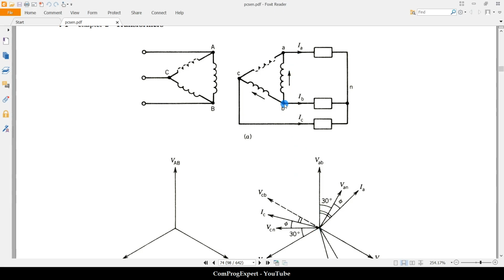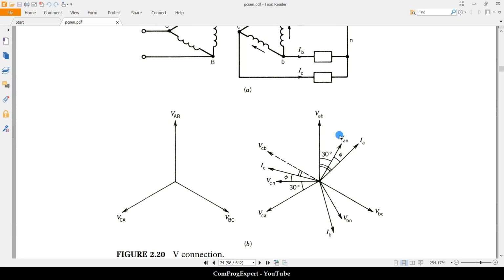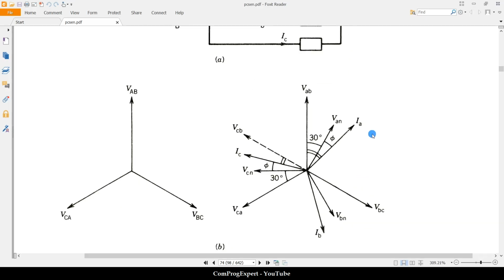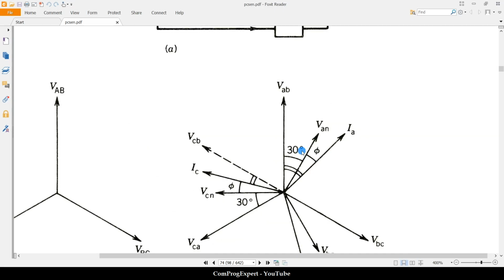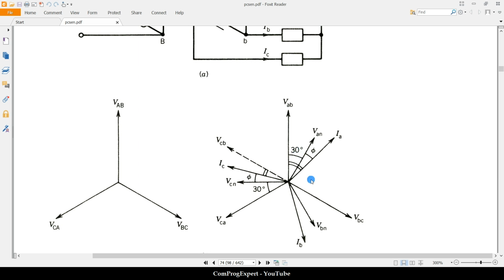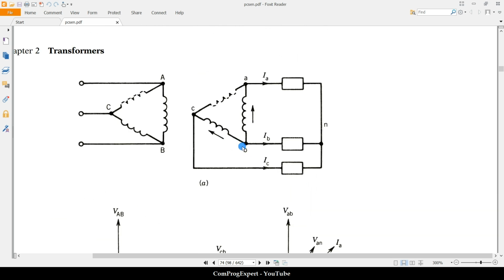So we know that line-to-line voltage is 30 degrees ahead of the phase, and here we have, for example, an inductive load. So the current for the line A or for the phase A is behind V. So what is the value of the current?